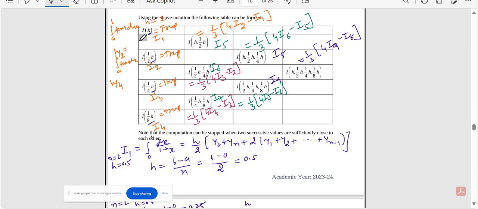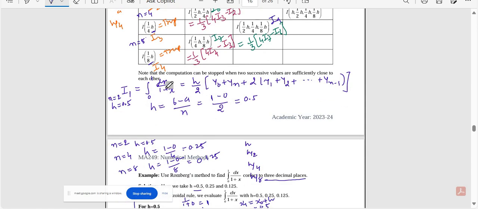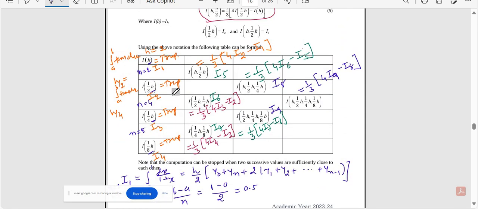So in the first case, your n is equal to 2. In the second case, your n is equal to 4. In the third case, your n is equal to 8, and so on. Understand everybody?